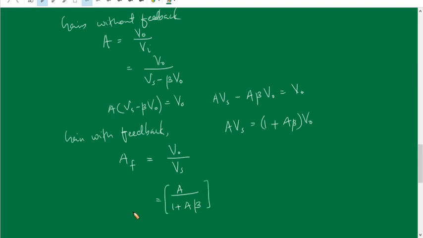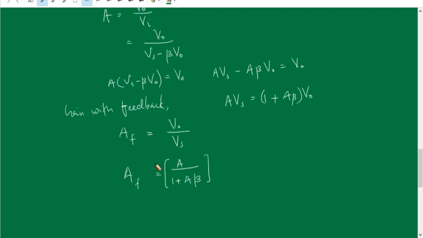This is the feedback amplifier gain, or the gain of the amplifier with feedback in the case of negative feedback.